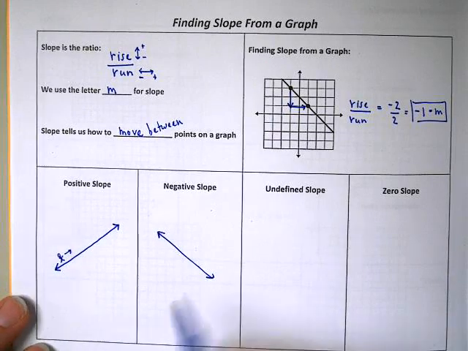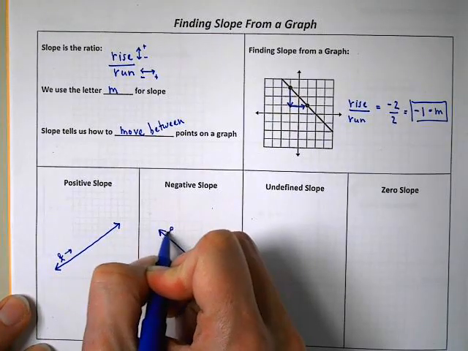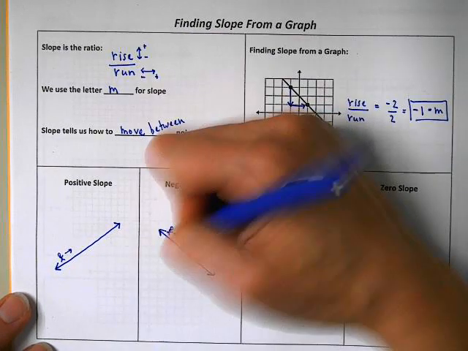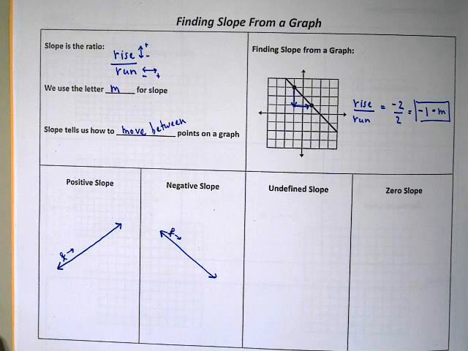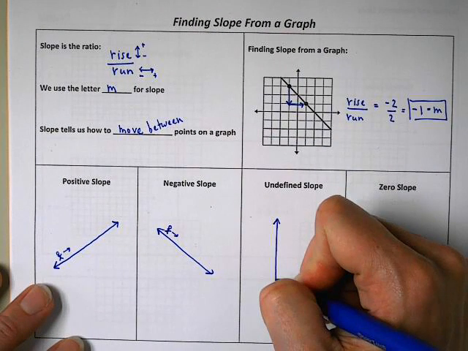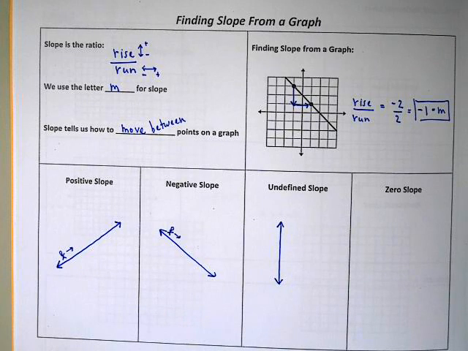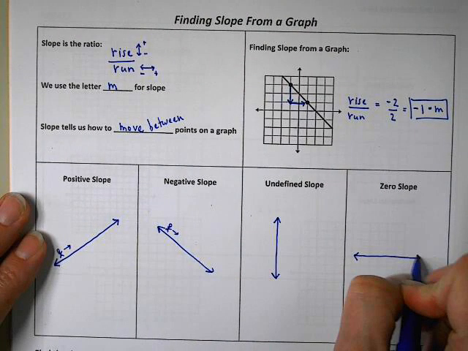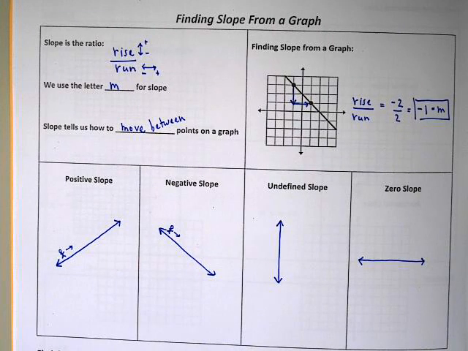Again, if my person starts at the furthest left and starts walking, they're going to be walking downhill. Undefined slopes are vertical lines. And zero slope lines are horizontal lines.